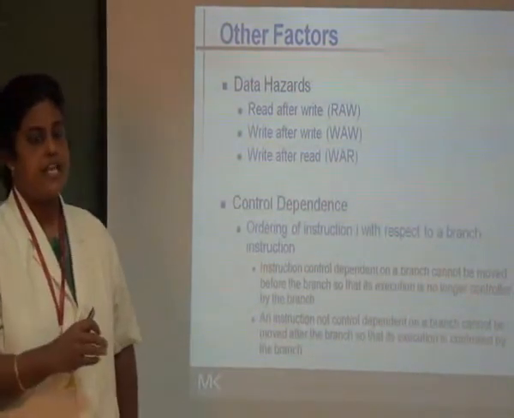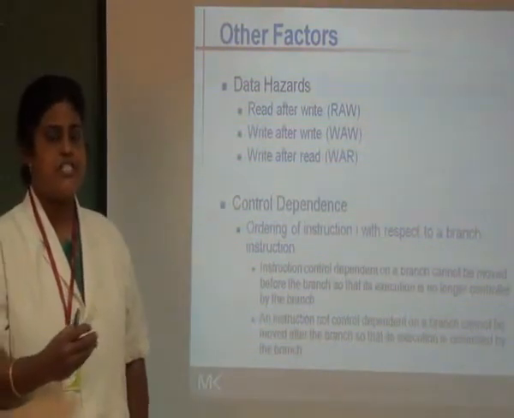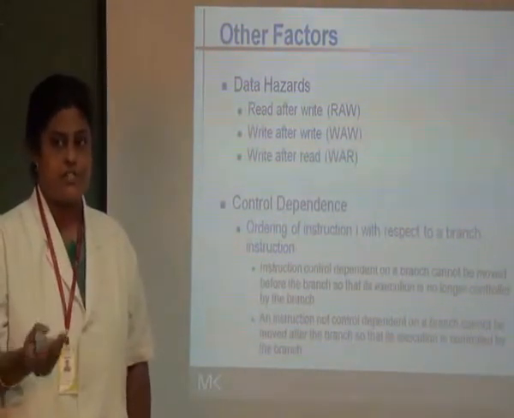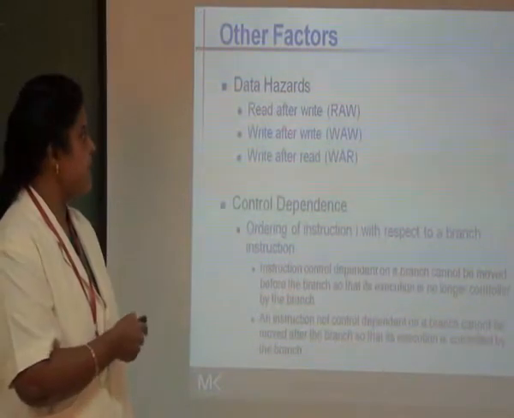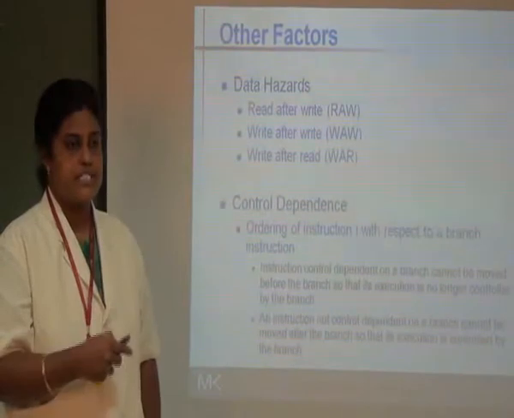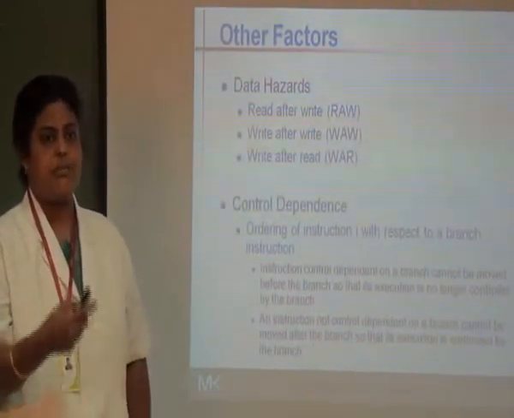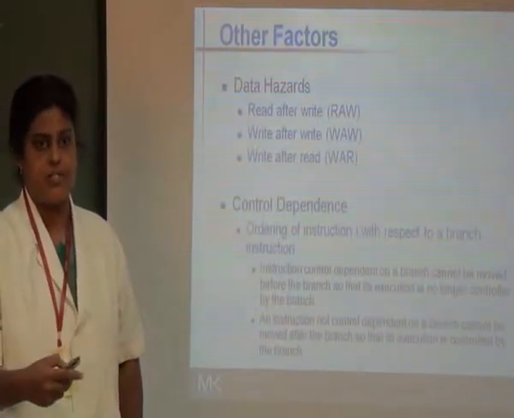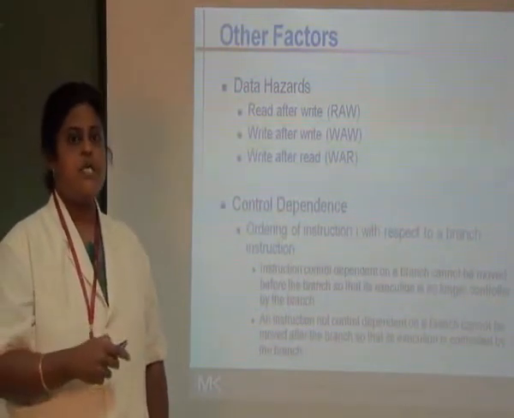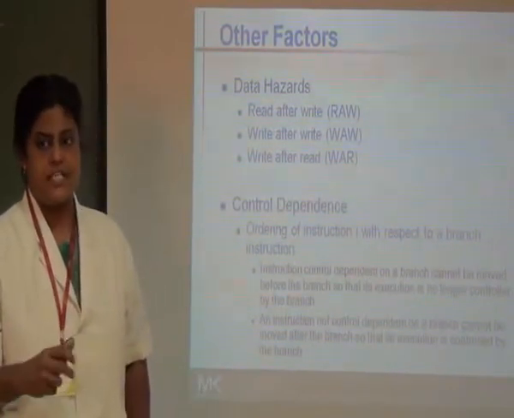In these three cases, take the same example as we have two different instructions, instruction I as well as instruction J. In the case of read after write hazard, instruction I is supposed to read a result only after instruction J writes the result into that particular register or a memory location. If the ordering of this sequence is not preserved, it gives rise to read after write hazard.